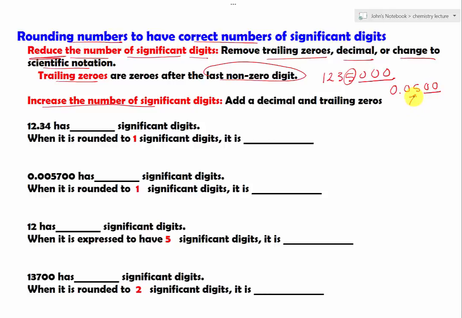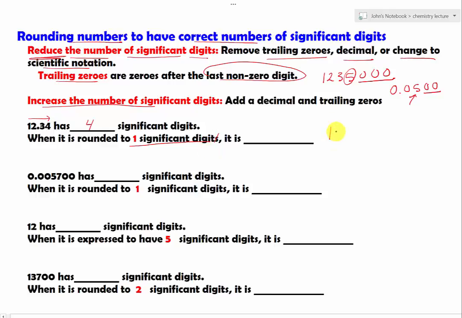So let's do an example. For instance, we have this problem right here. We have 12.34, and this number has 4 significant digits because we start counting from the first non-zero all the way to the very end, since it is a decimal number. When it is rounded to 1 significant digit, what is it now?